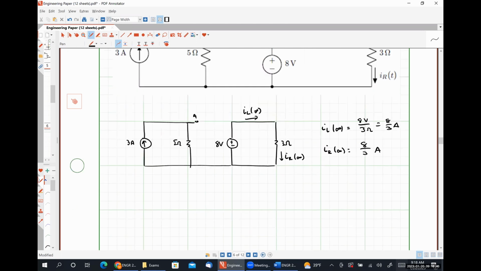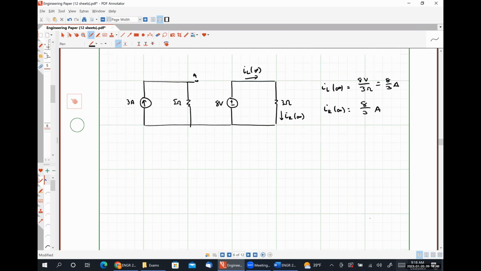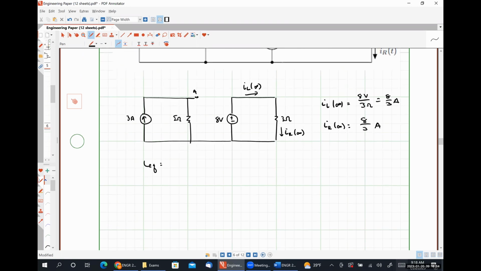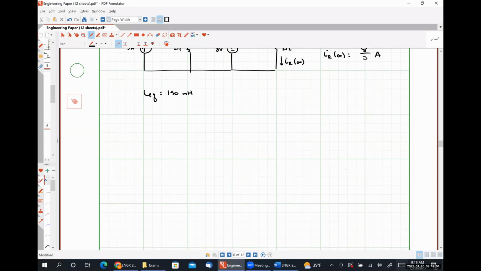All right, nobody's saying anything. So our equivalent inductance is 150 millihenries because it can't be anything else. It's the only inductor in our circuit. So we're going to be looking at this circuit during the transient condition from the perspective of the inductor, right?